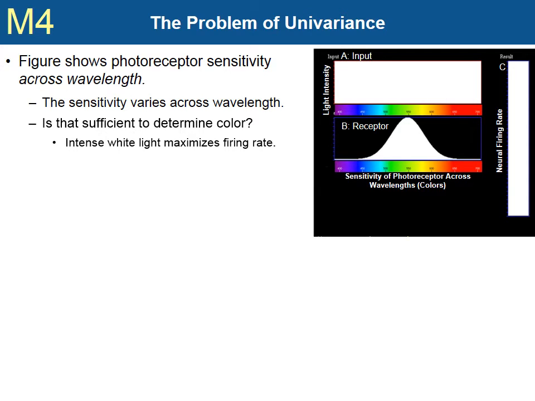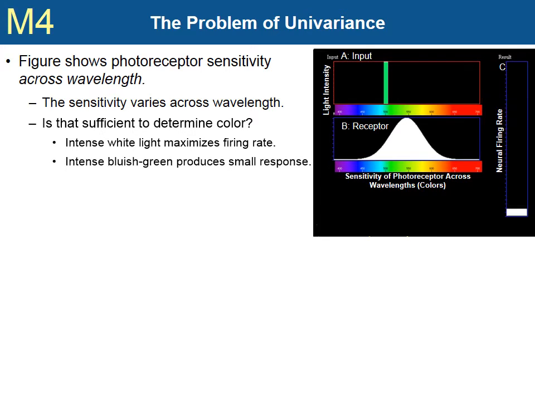First, let's see what happens when we flood this photoreceptor with intense white light. White light is the summation of all of the visible wavelengths, so box A is completely filled. Looking over at box C, we see that the neuron is firing at maximum. Now let's see what happens when an intense bluish-green light is presented.